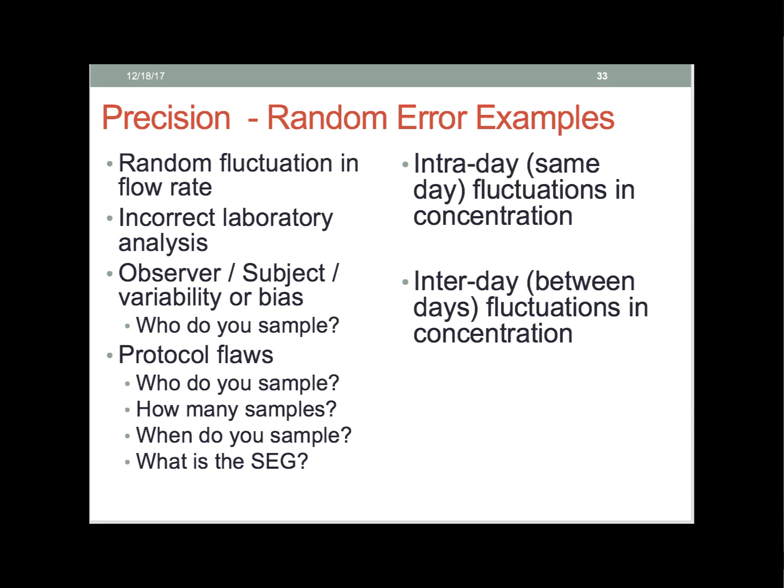Are we sampling the people that are most compliant? Are we sampling the people that have been there the longest? Or did we actually randomly choose the people in the shifts that we're going to sample? Are we taking enough samples, one continuous sample or integrated sampling throughout the day? Did we put people in appropriate similar exposure groups?